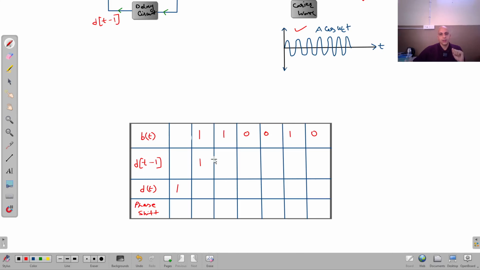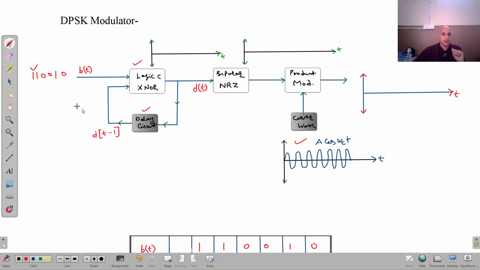Now with this b(t) and d(t minus 1), things will become very clear. Initially I have one bit here, the bit that appears here is 1, and the output was also 1, so this goes here without any delay, because it is the only bit as we are starting from here.